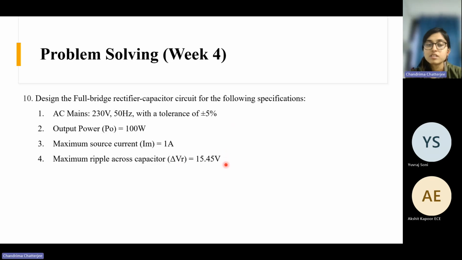All these things you need to find so that you can select the passive components as well as the semiconductor devices, which is the diode in this case. Is it okay?